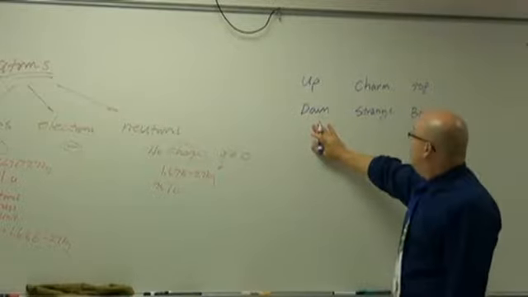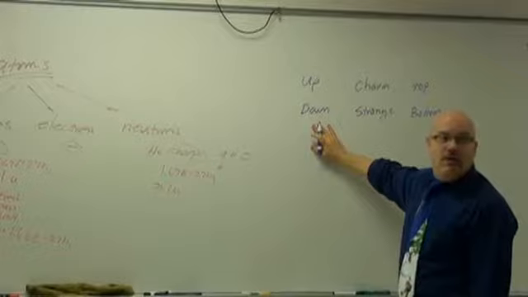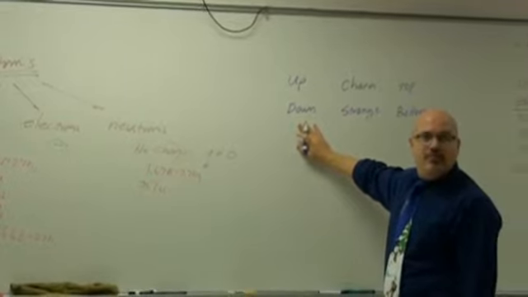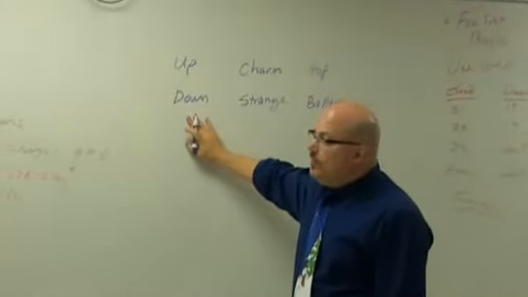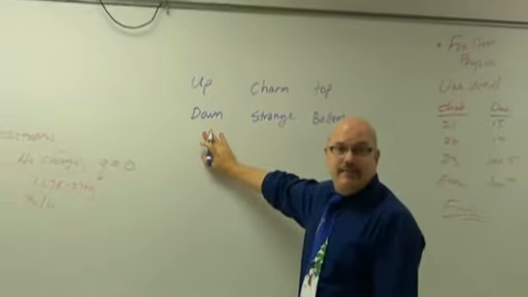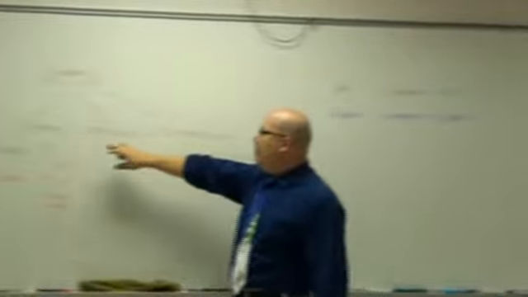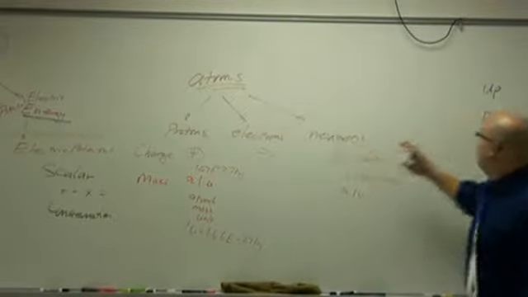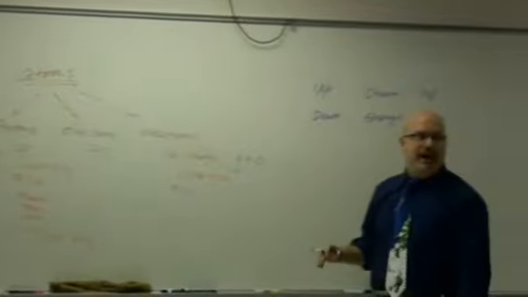All right? Now, of all these different quarks, the ordinary matter that we see today is made up of protons, neutrons, and electrons. And protons and neutrons are made up of ups and downs.